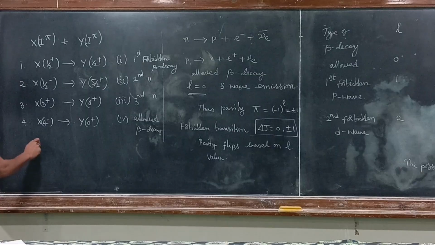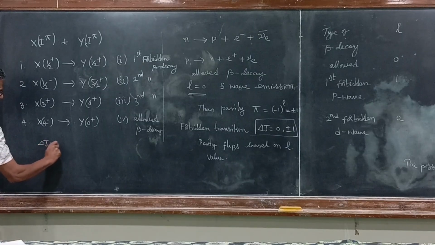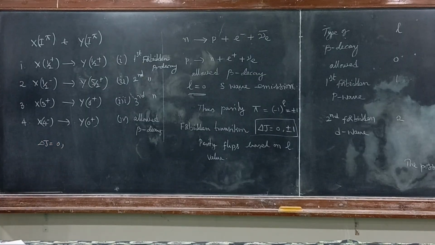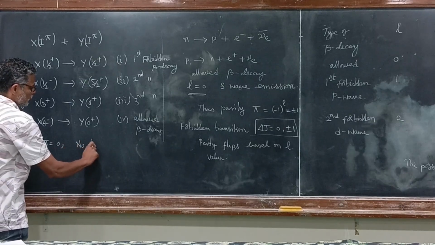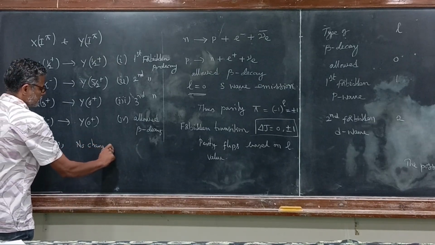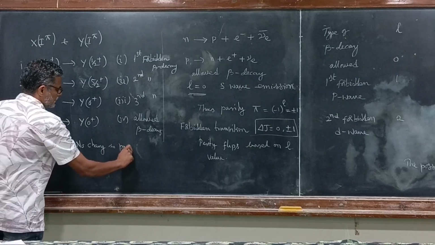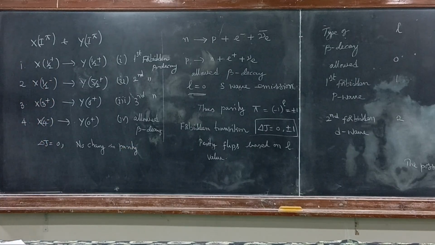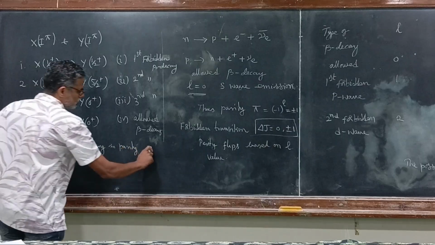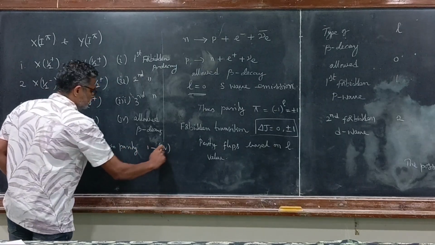Your delta J equals 0, and the parity: no change. No change in parity. That means it's allowed beta. So 1 goes to 4.